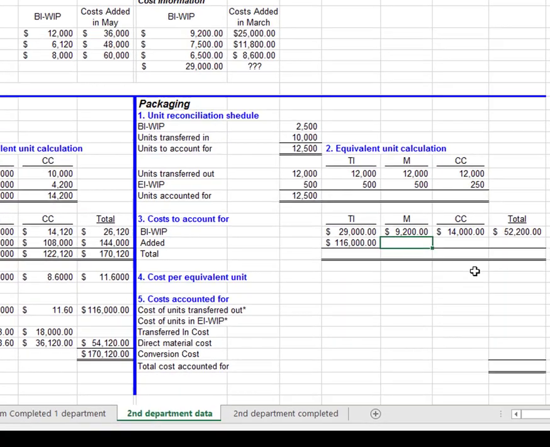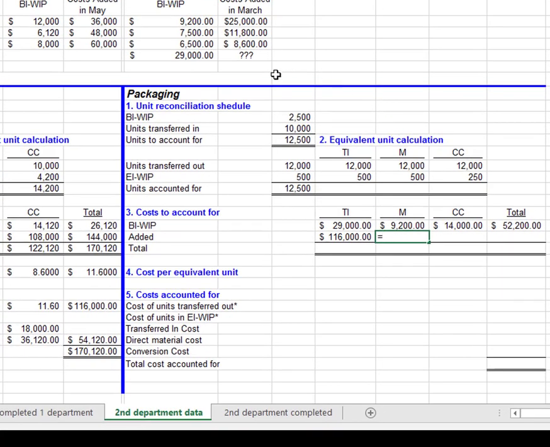And total material cost added during this month is 25,000. And the conversion costs added, my direct labor and my manufacturing overhead. And I'll total my costs added across, 161.4, and then I'll just total each category.